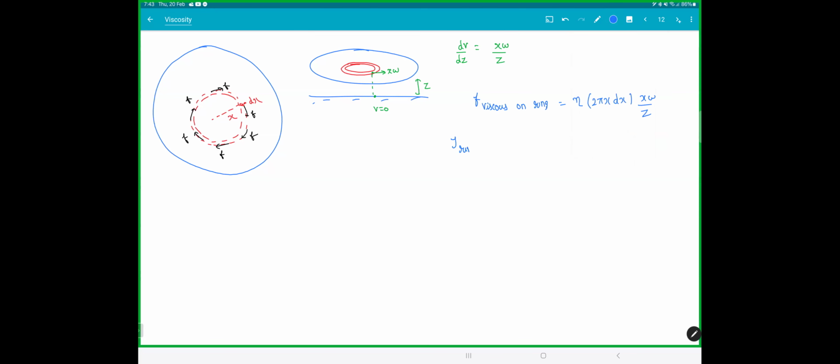So torque on the ring will be x into the viscous force, distance into force. This will be 2 pi eta omega x cube dx by z.